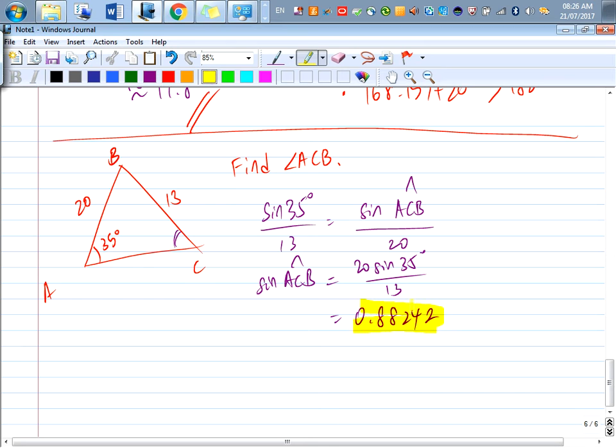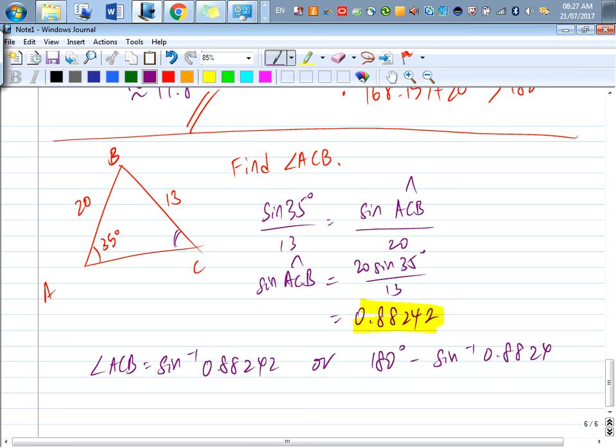This is positive, right? Sine angle is positive. So for the angle, there are two possibilities. And I can continue to write that angle ACB equals to sine inverse 0.88242 or 180 degrees minus sine inverse 0.88242.